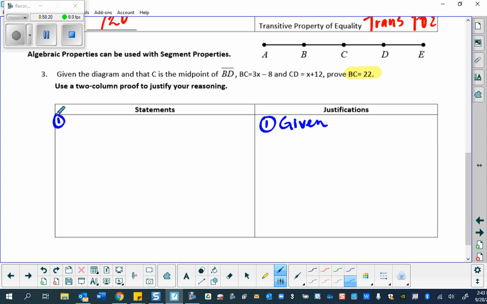The first thing that I know is true is C is a midpoint of segment BD. I know the distance from B to C is 3x minus 8. And I know that the distance from C to D is equal to x plus 12.